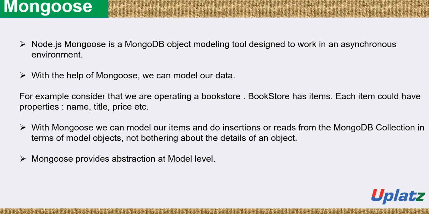Each item could have properties like name, title, price, quantity, etc. With Mongoose, we can model our items and perform different types of operations to the collections of MongoDB in terms of model objects without bothering about details of an object. Basically, this Mongoose provides abstraction at the model level.